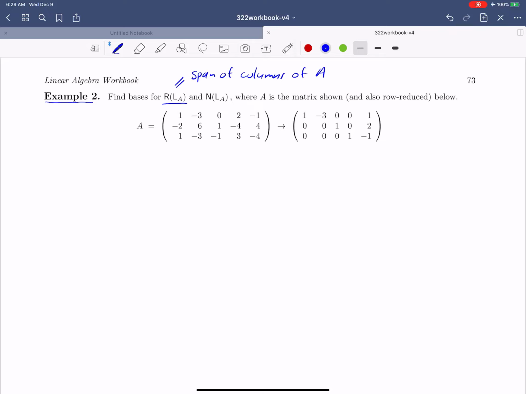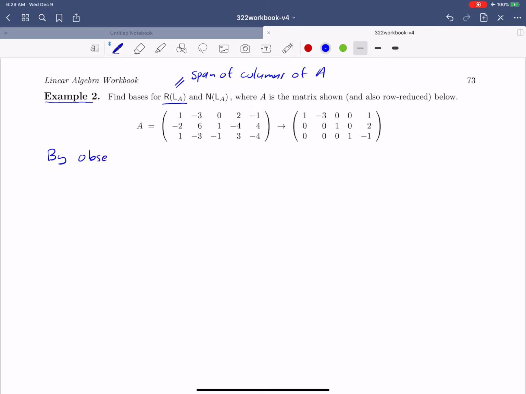Way back in section 1.6, we came up with a nice algorithm for finding the basis for a subspace that looks like a span. In particular, we can do that by just picking out the pivot columns of our matrix A.